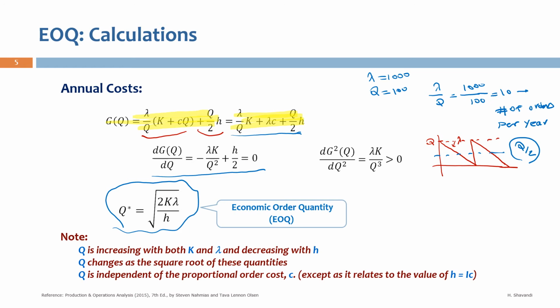So here Q is increasing with both K and lambda and decreasing with H, sorry. As you see here, since K and lambda are in the numerator, Q is increasing with K and lambda, and it has an inverse relationship with H, so Q will be decreasing in H, the unit inventory holding cost.